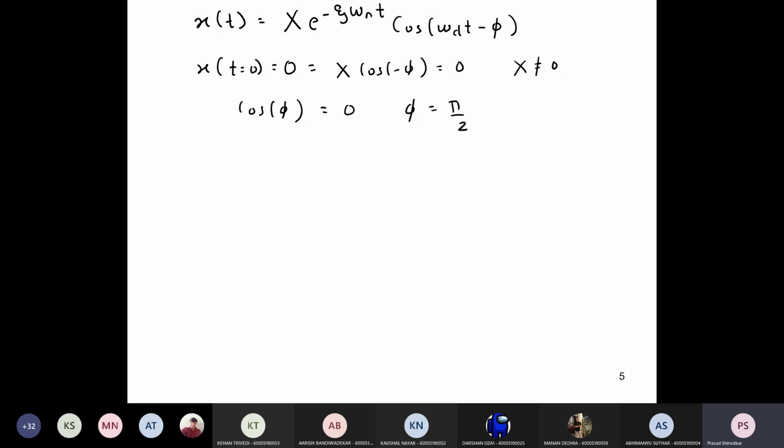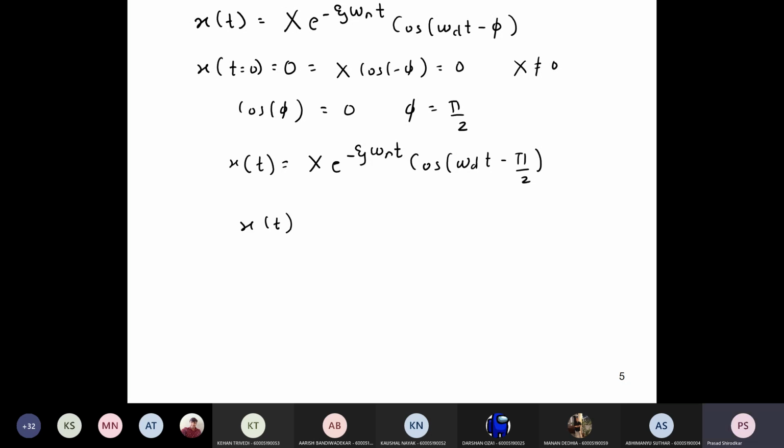So that makes our equation x(t) equal to capital X e raised to minus zeta omega n t cos(omega d t minus pi by 2).